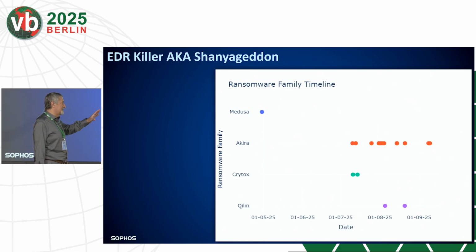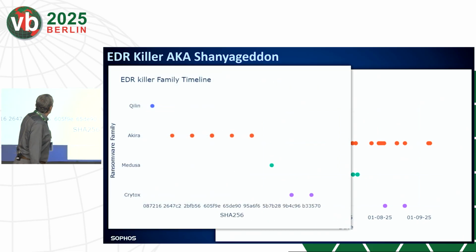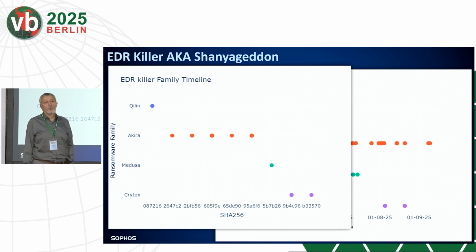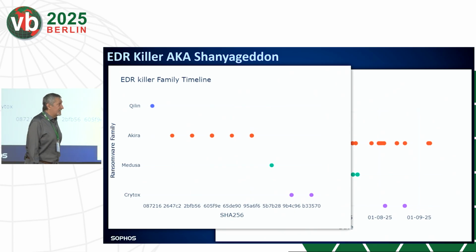There is Killin again in the middle of everything. And the first use of this EDR killer originated from the Medusa group. Looking at the samples, there is no overlap between the operations. Once again, it is an indication that the more likely explanation is that the ransomware operator or operation was transitioning from one family to another.